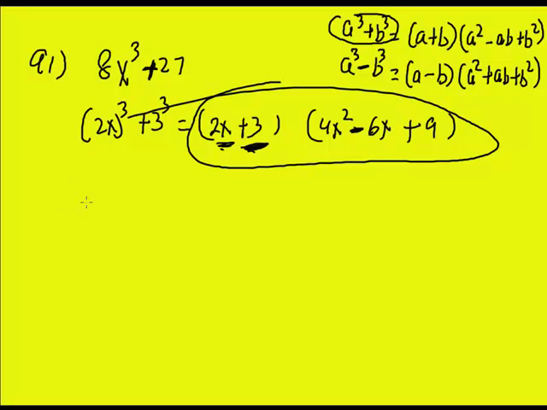Okay, 94. You have 4x to the 3rd minus 8x to the 2nd minus 25x plus 50. When you get something like this, you better cross your fingers and pray, and hopefully this works out easy.